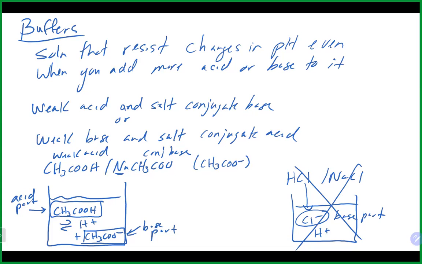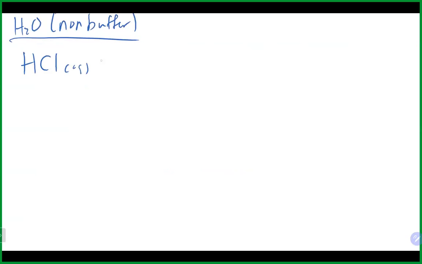So let's talk about how it actually does work. Let's take water, which is not a buffer to begin with, and see what happens. If I add hydrochloric acid to water, it will 100% break apart, as we've talked about, into H plus and Cl minus.